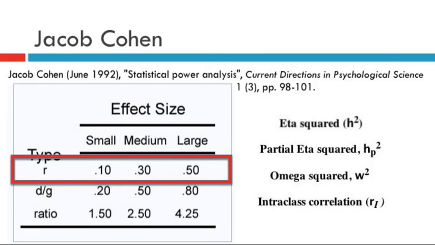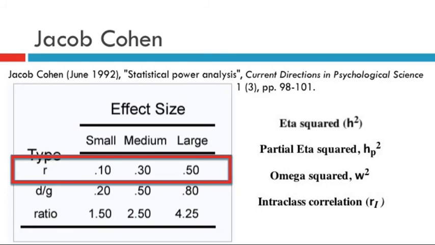And then he's suggesting that if we have 25% of shared variance, he would consider that a large effect. Also, we have different sorts of correlations and other different sorts of effect sizes associated with them. So you've probably seen them before. It would be things like eta squared, partial eta squared, omega squared for fixed factor models, something we'll talk about in a future webinar, and of course intraclass correlation coefficients, like many of the occupational and physical therapists use for inter-rater reliabilities.